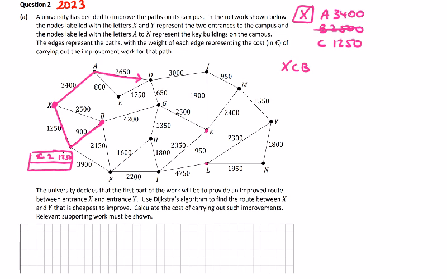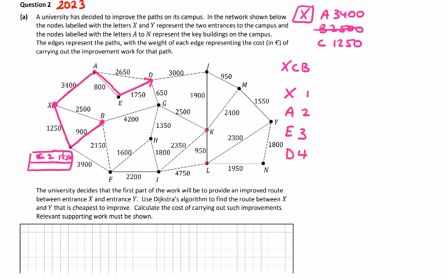So XA, and then to get to D, it's quicker to go XA, AE, ED. You can see it's quicker. So to get to D going in that direction, we're going to go X being node 1, A being node 2, E being node 3, and D being node 4.